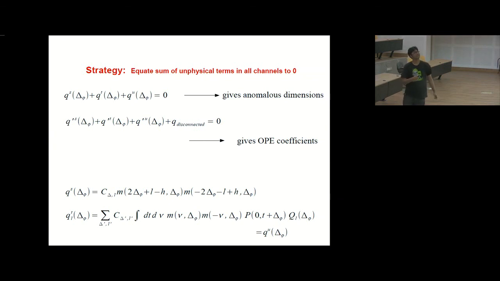So when I sum Qs plus Qt plus Qu to 0, this equation gives me the anomalous dimension. And if I equate the derivatives to 0, then that gives me the OPE coefficients. So why are there two equations? Because these things are proportional to the log terms that come from non-physical terms, and these things are proportional to the non-log terms.